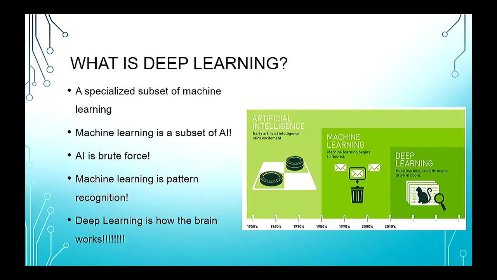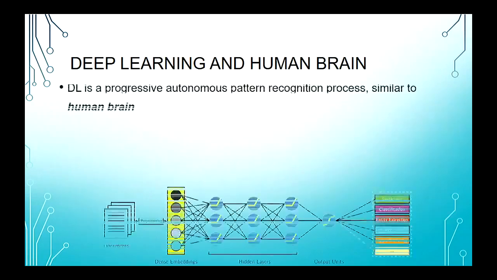Deep learning is how the human brain works. So how's that? Deep learning is a progressive autonomous pattern recognition process. That's exactly how the human brain works. So essentially, in deep learning, the programmer doesn't look for a pattern.